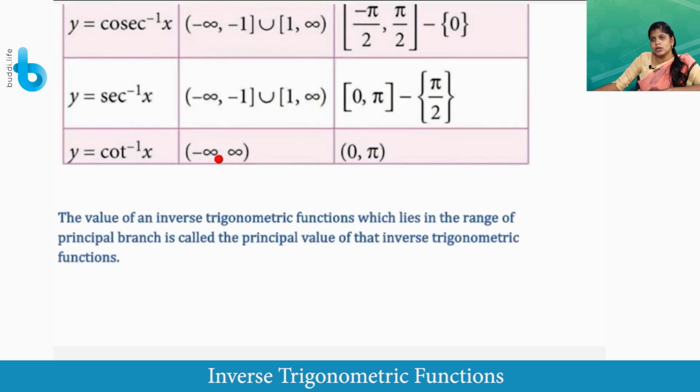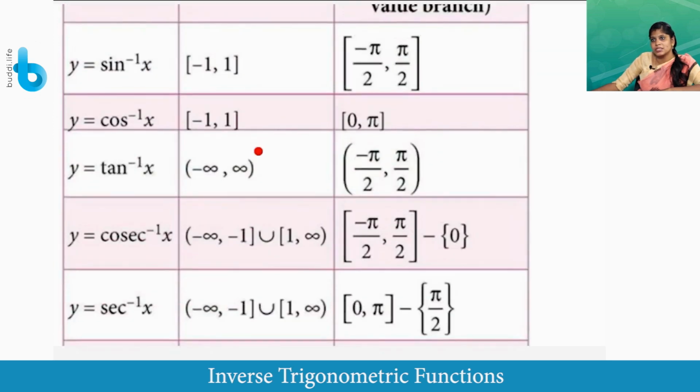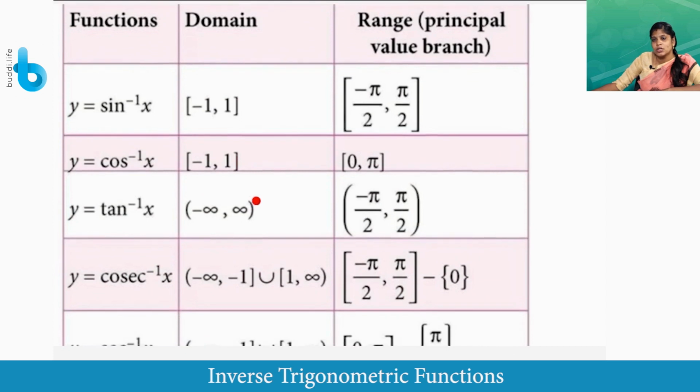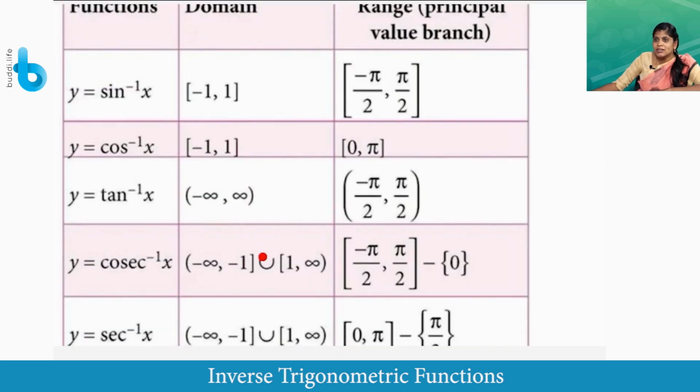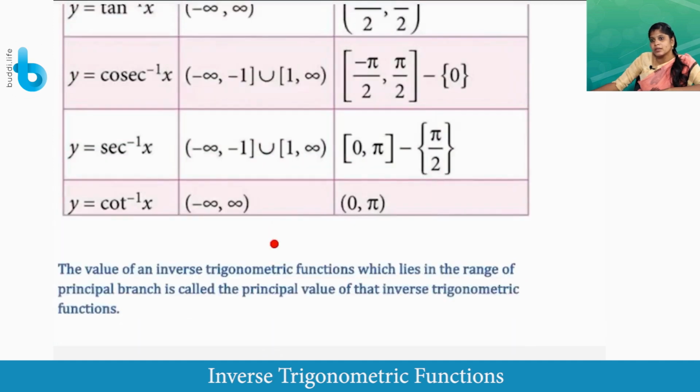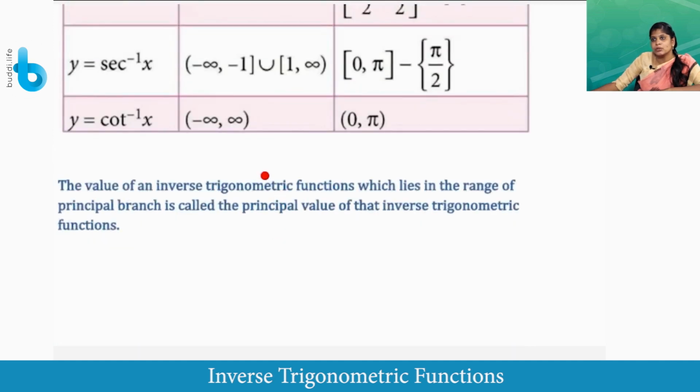Then for cot inverse, the domain is from minus infinity to plus infinity, and the range is from 0 to pi. This tabulation is very important for solving your problems and for checking some logical values, so it is very important to memorize this.